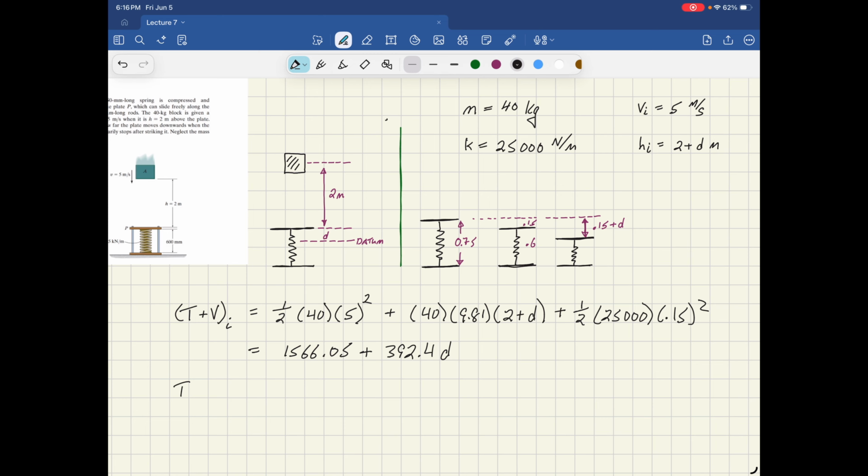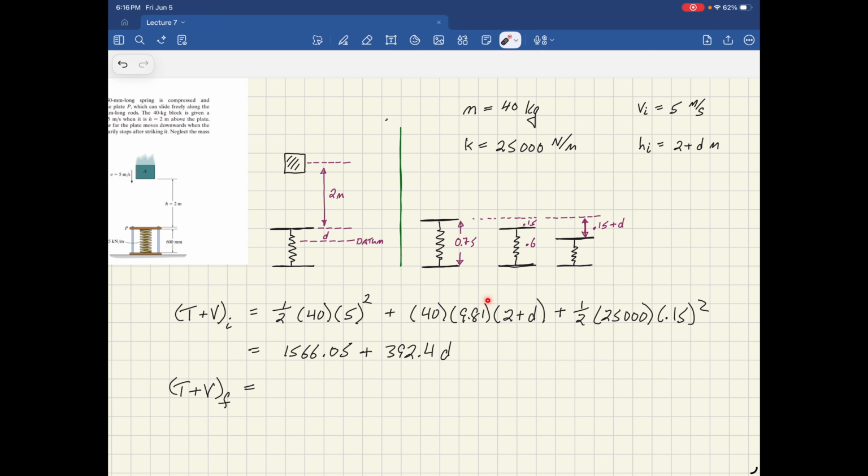All right, now we're going to look at what the final condition will be. So T plus V final. There's no kinetic energy, so this term, which was kinetic energy, is not going to have any of that.